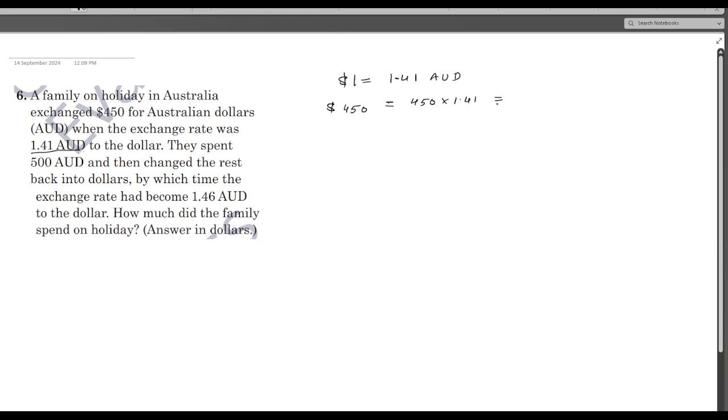So 450 times 1.41 will give you 634.5. So it will give you 634.5 Australian dollars, AUD.